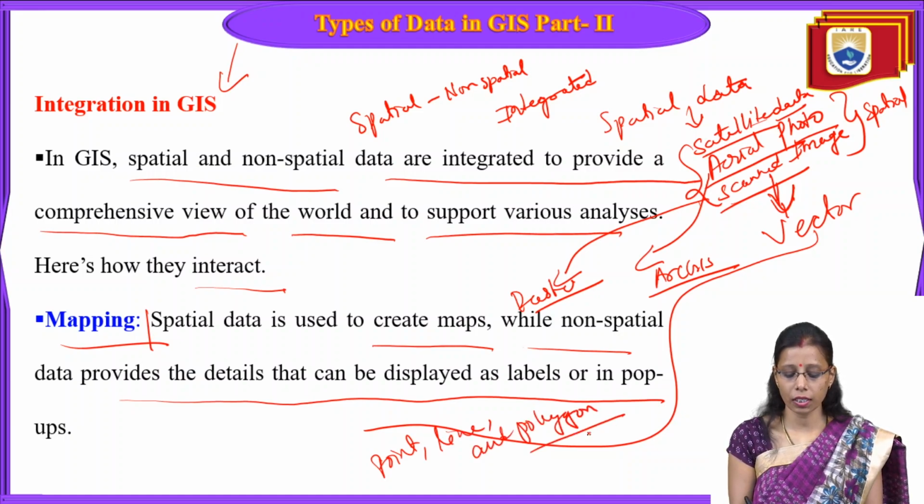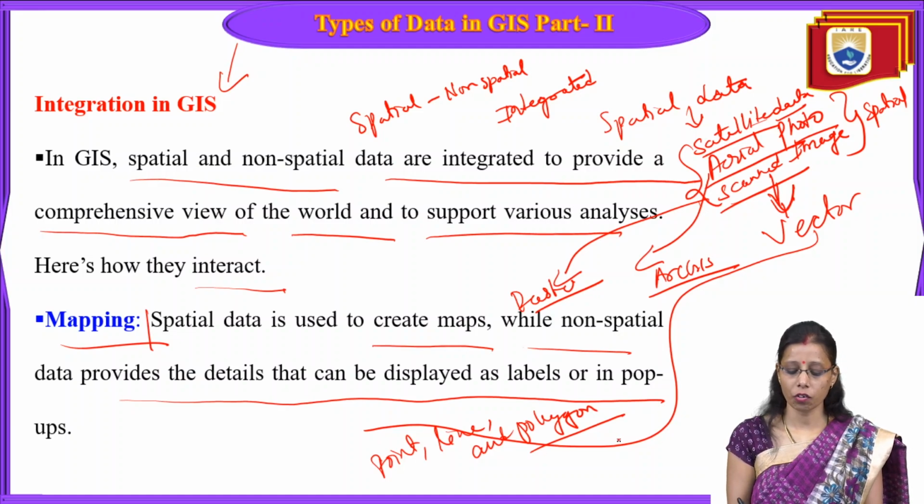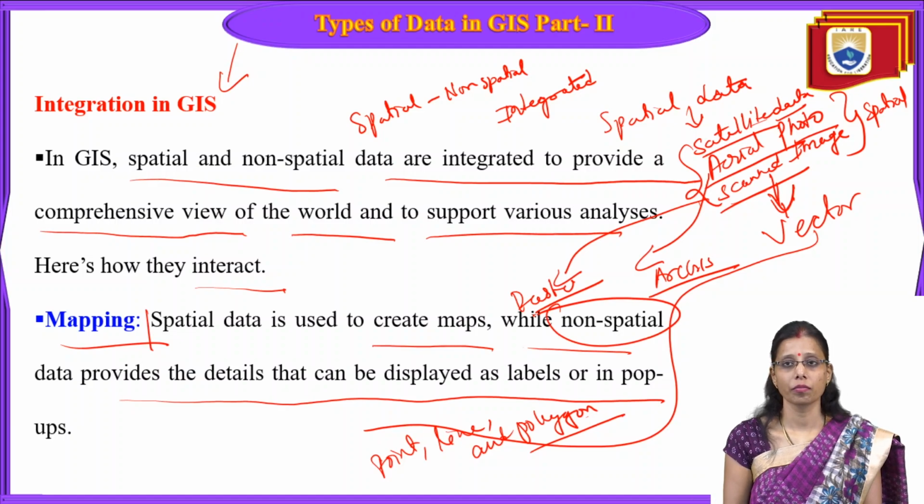Once I convert the information from the satellite data, aerial photo and scanned image, first I categorize it and convert it into point, line and polygon. Then I have to assign the non-spatial data. This is called integration.